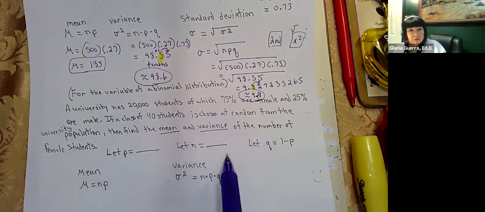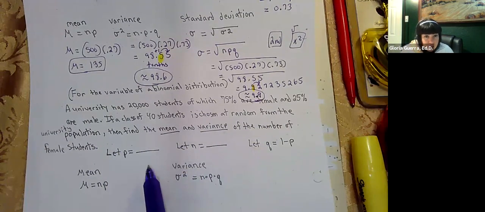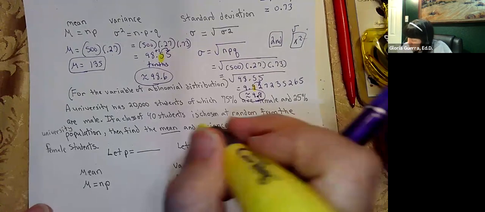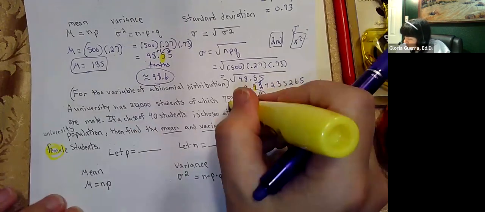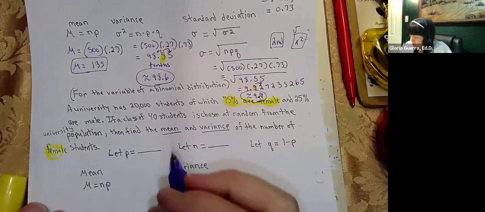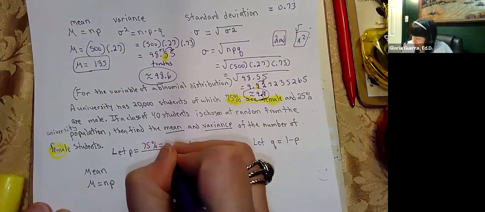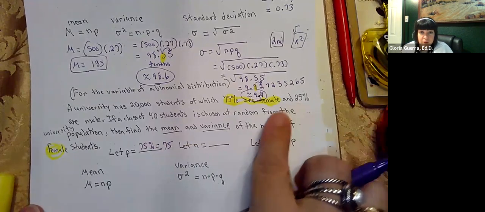So this is an interesting problem because you have two percentages, so you just want to stay alert. They're asking for the mean and variance of the number of female students. So when you look at P, you want the probability for the female students, which is the 75%. You want to be careful there because people might use the 25%, but that's for the male.